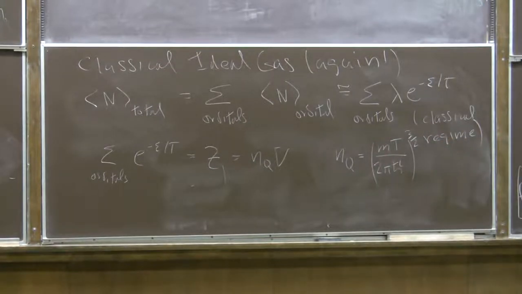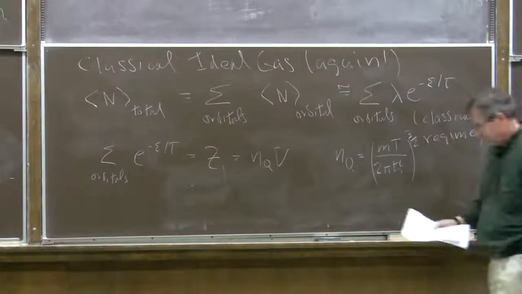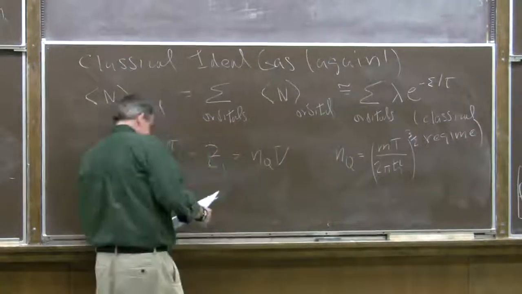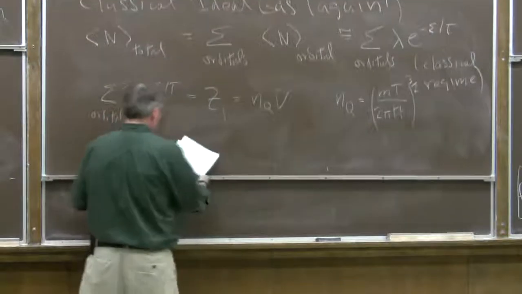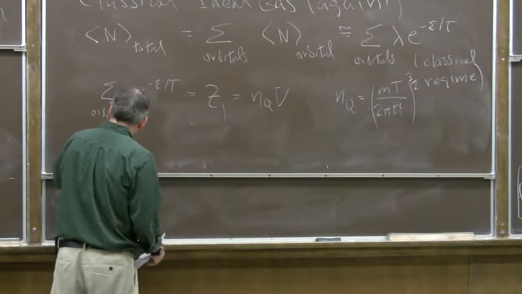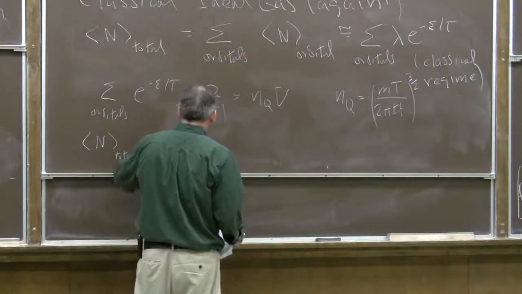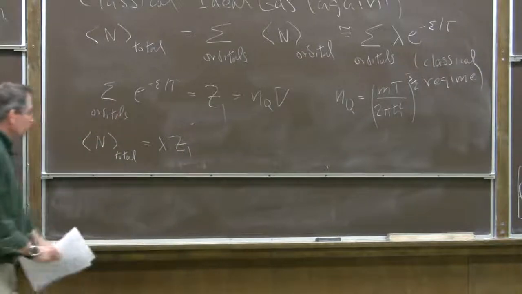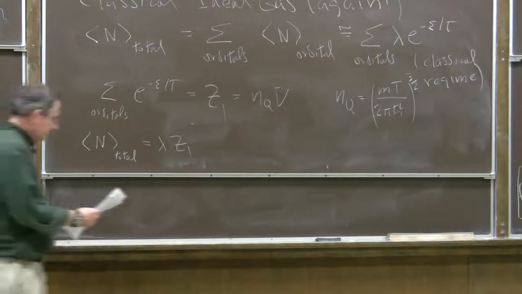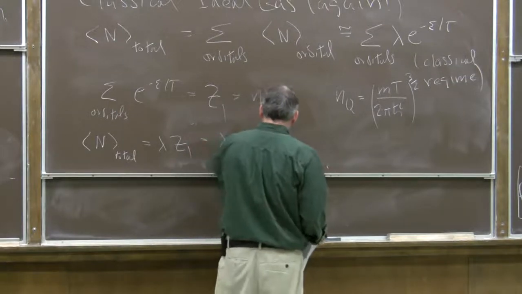Right, so for the total number of particles, it's the same sum except there's a factor of lambda. So the total number of particles has an expectation value, which is lambda times the single molecule partition function, which is lambda times the quantum concentration times volume.